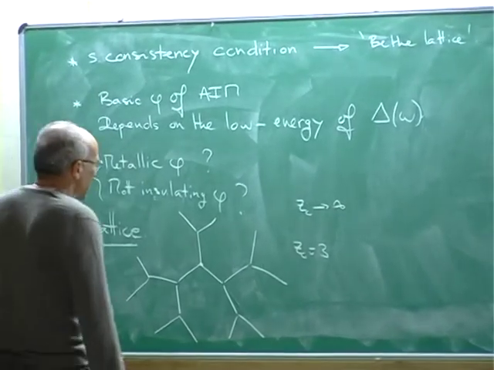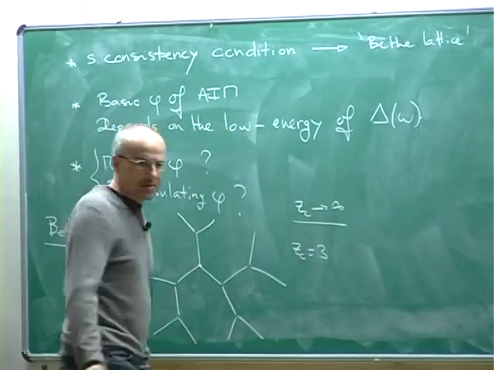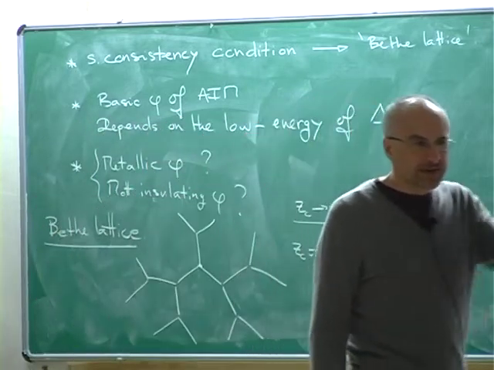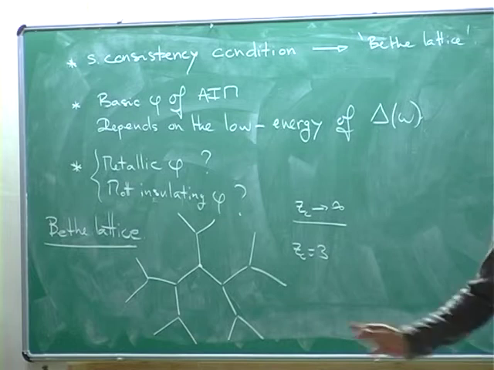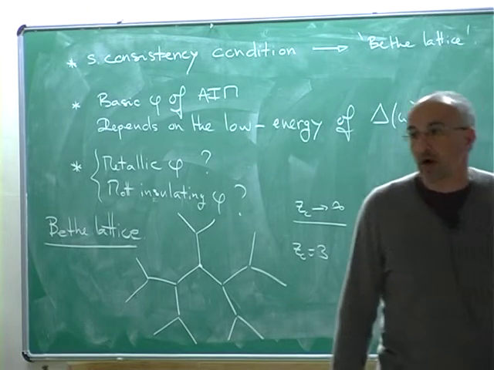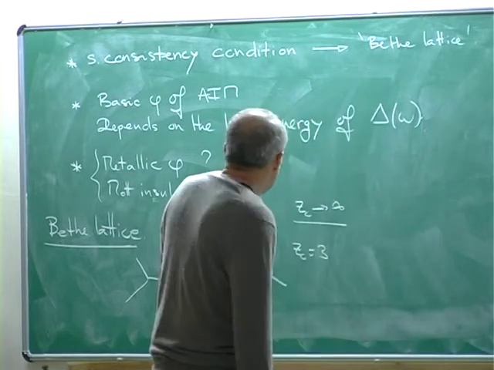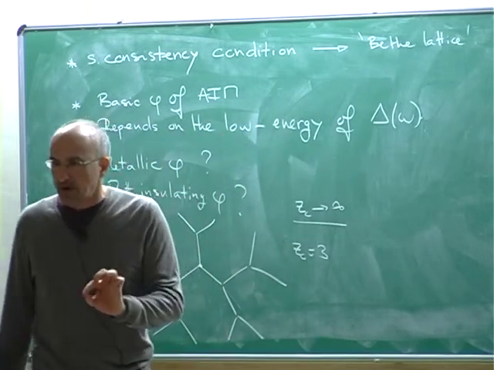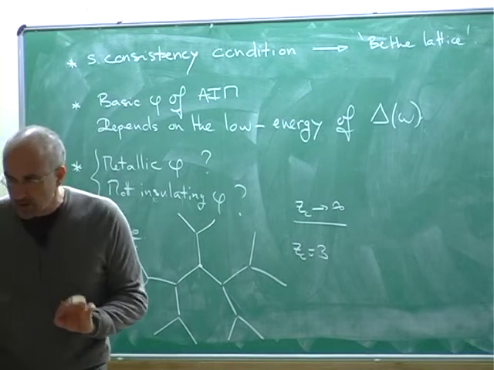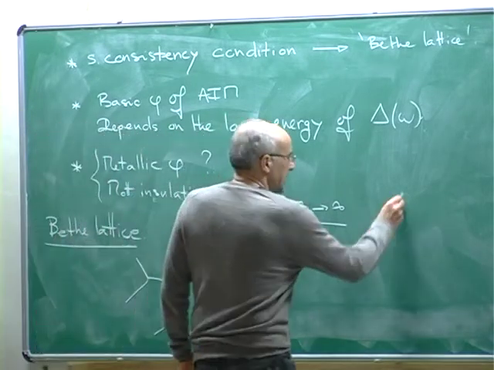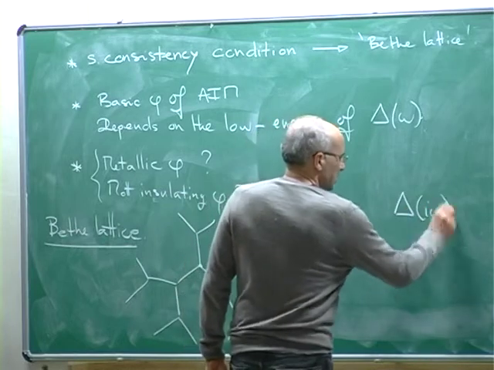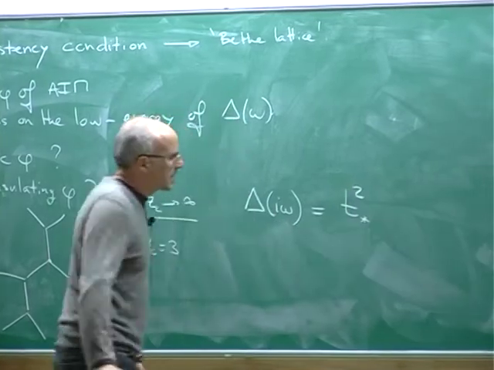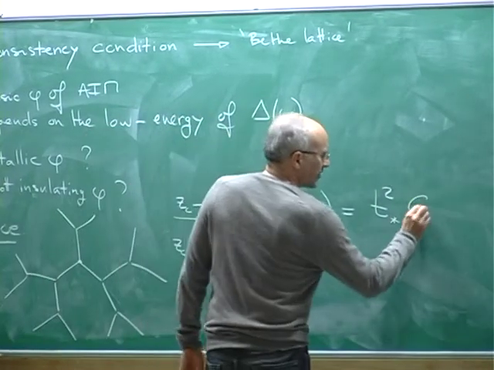Okay. So what I claim is that in this limit, the DMFT equations solve the Hubbard model on this lattice in the limit of connectivity Z going to infinity, and that in this case, the self-consistency condition takes an extremely simple form, which is delta of i omega equals some parameter that I'm going to call t star squared times G of i omega.